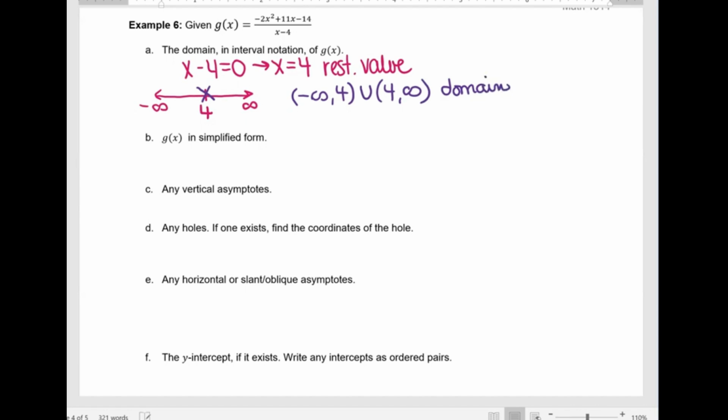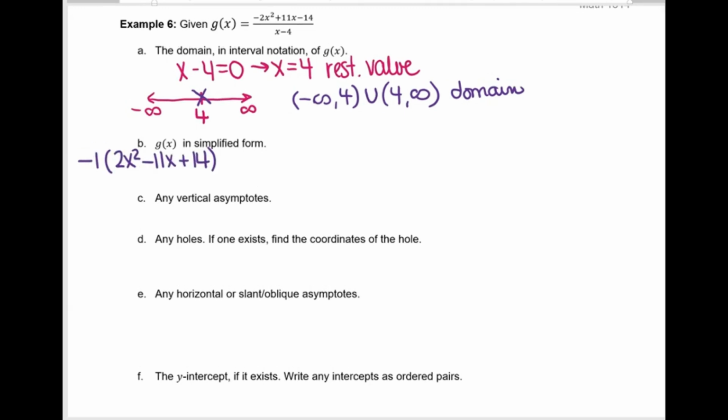Now, for our g of x in simplified form, when I look at it, if I were to start by trying to factor the numerator, I would take out a -1 for my GCF. 2x squared minus 11x plus 14.